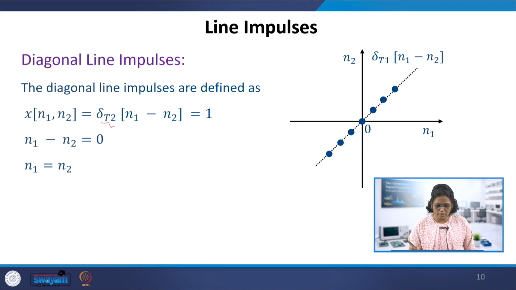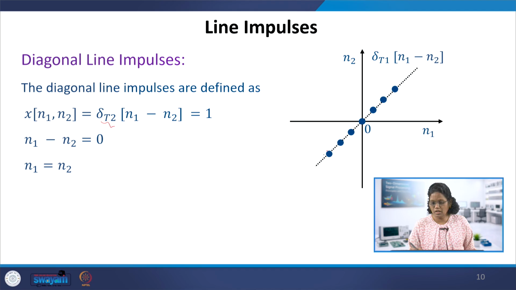If you plot them, with n1 and n2 here, n1 equal to 0 gives n2 equal to 0, and n1 equal to 1 gives n2 equal to 1. So you get the equal values, n1 equal to 1 and n2 equal to 1, n2 equal to 2 and n1 equal to 2.